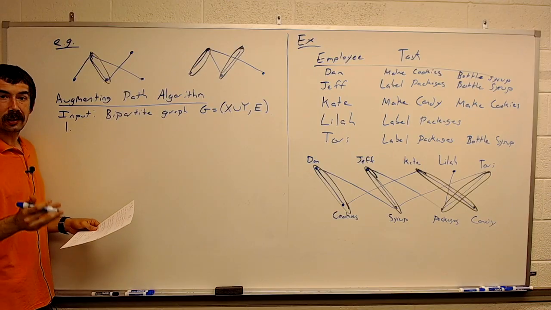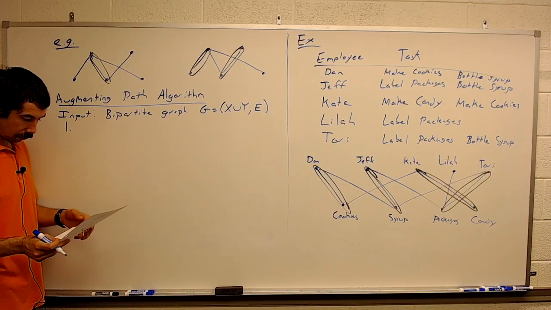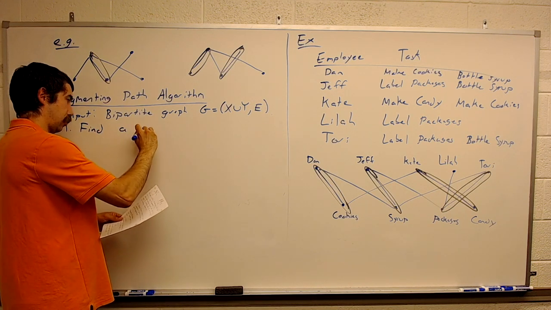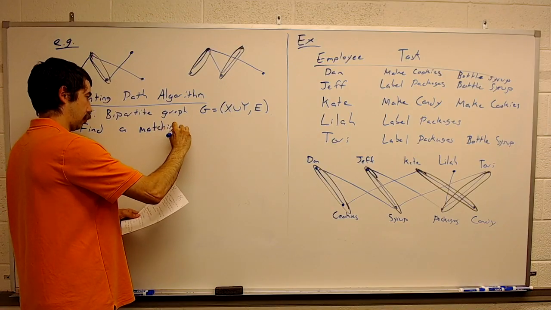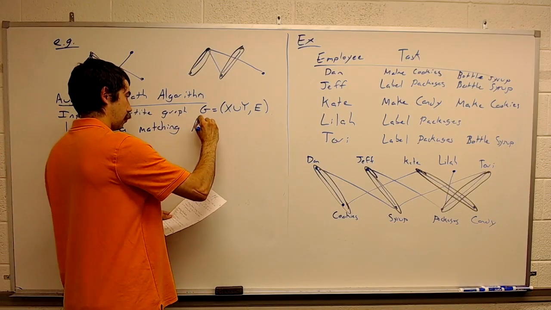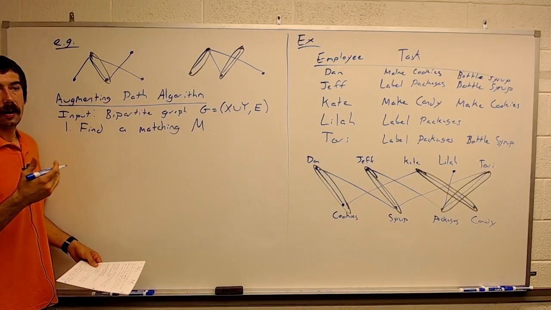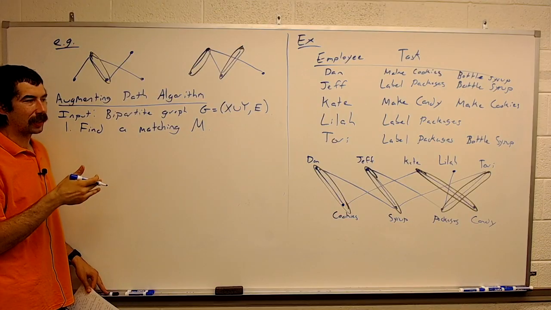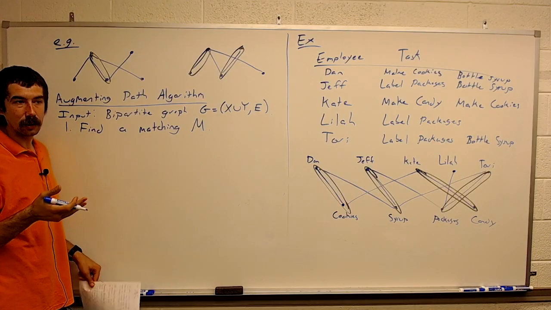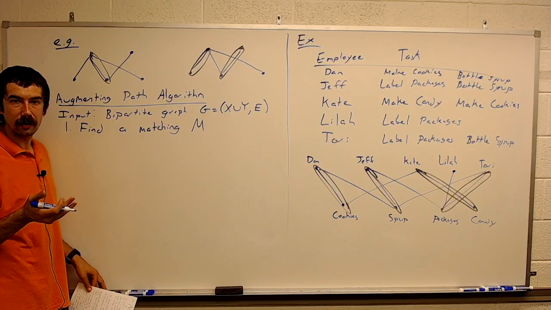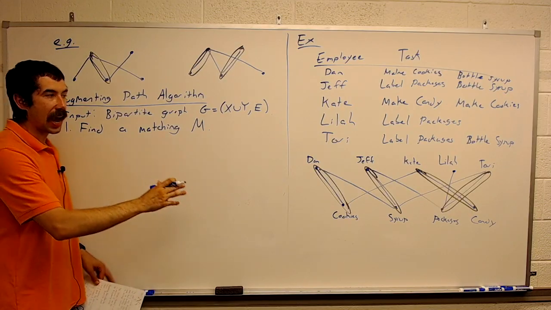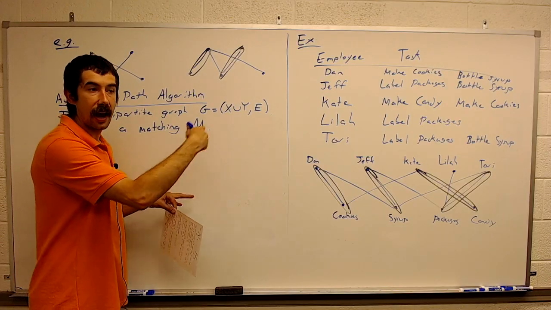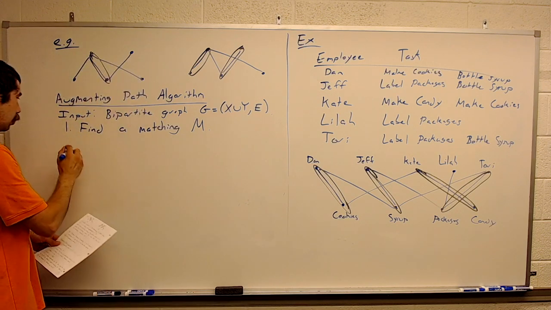Our first step is find a matching. And we're going to make sure this matching is as big as possible. Basically, if there's any obvious edges we could include, include one. So if there's any edge where both of the endpoints are not in our matching, add that to our matching.